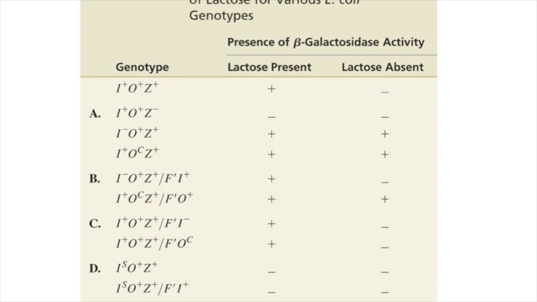If, on the other hand, the repressor gene is mutated in the next line, the third line, the operator works, beta-gal works, this mutation to the repressor protein prevents it from binding to the operator, and therefore you're going to get beta-gal when lactose is present, as you would expect, but you're also going to get it when lactose is absent because the repressor protein is not able to bind to the operator. Therefore, it can't prevent RNA polymerase from moving down the gene region and transcribing those structural genes.